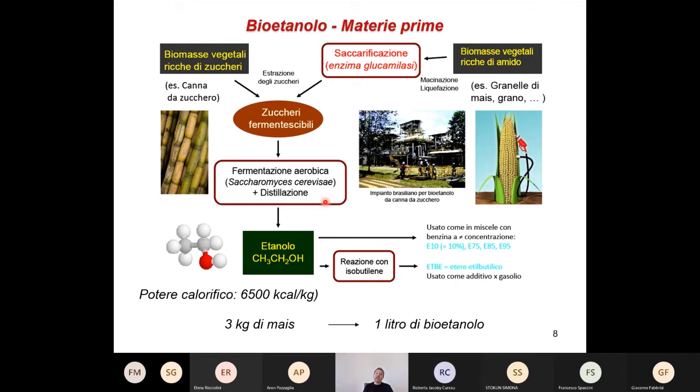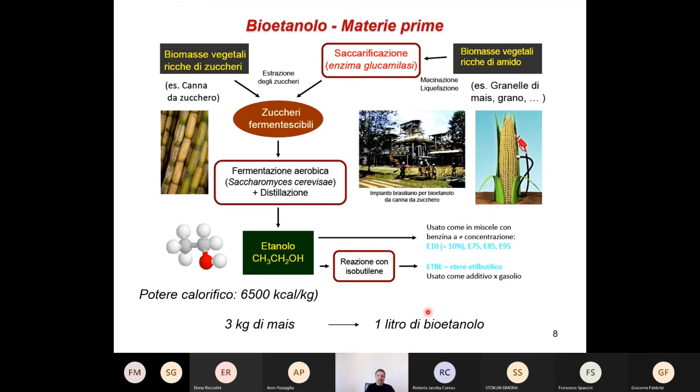You can also see the molecular and chemical composition of ethanol, with 2 carbon atoms and of course the corresponding hydrogen and oxygen elements. Okay, and also you can see the reaction to obtain the additive for diesel or for gasoline engines.